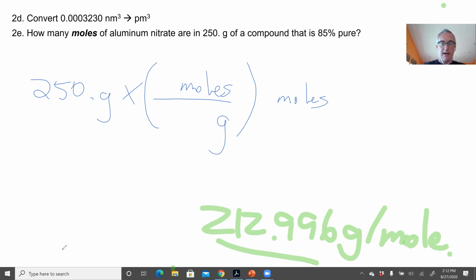So here's where I would plug in my 212.996. So 1 mole is indeed equal to 212.996 grams.